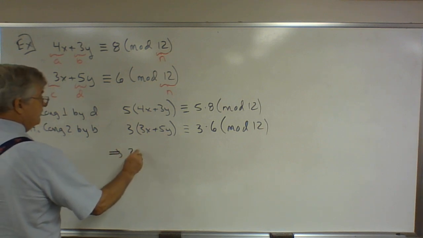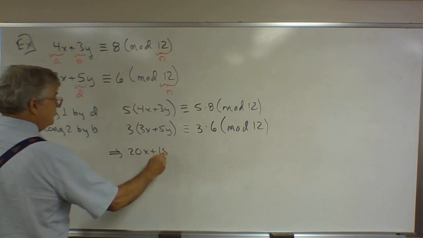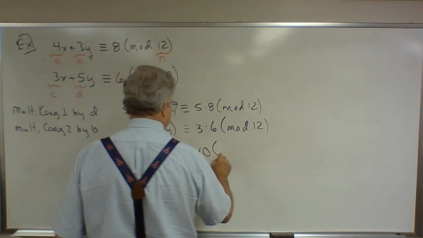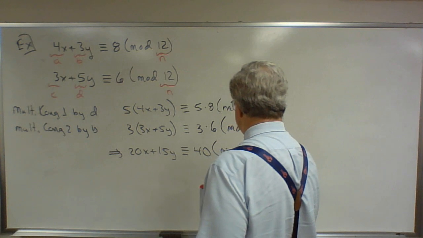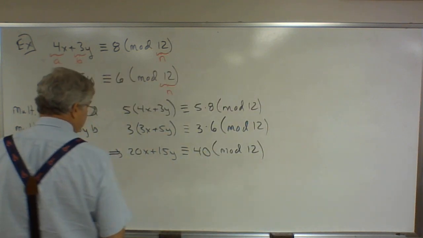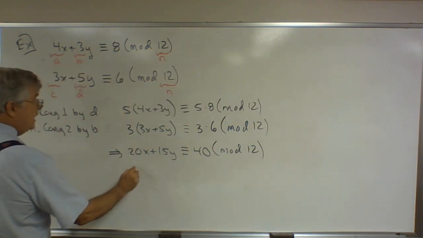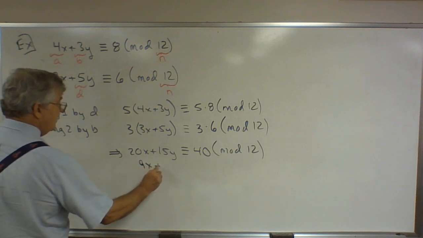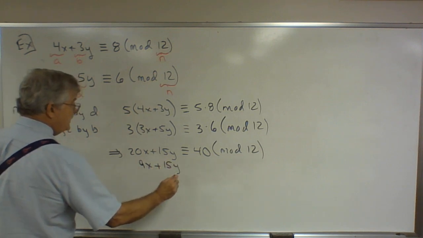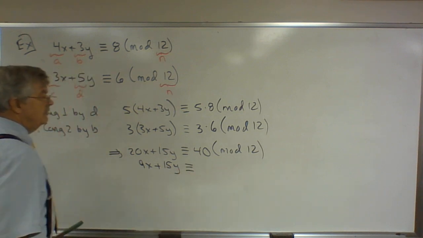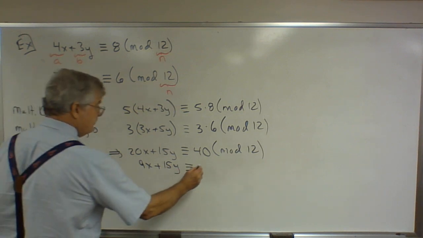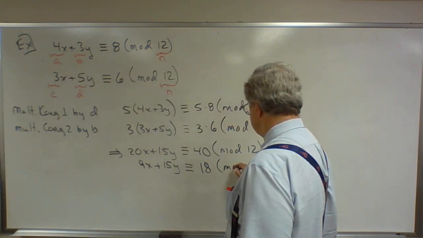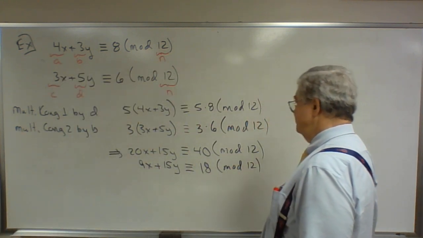And what does that give us? 20x plus 15y is congruent to 40 mod 12. And 9x plus 15y is congruent to 18 mod 12.